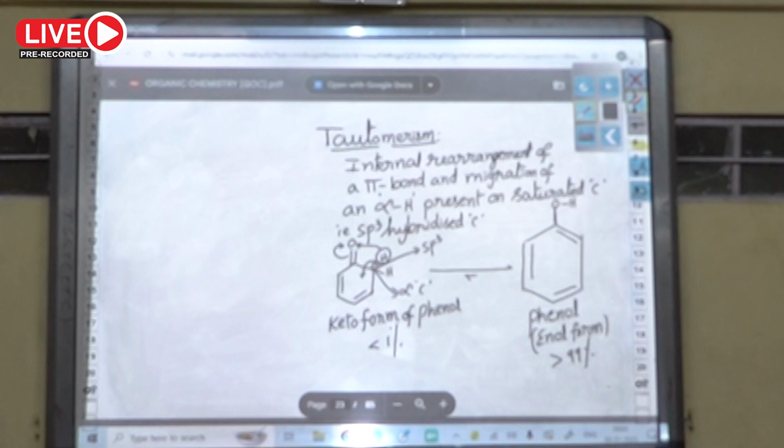Reason: The enol form of phenol contains 3 alternate pi bonds.